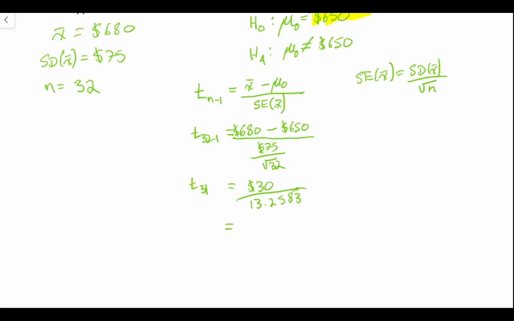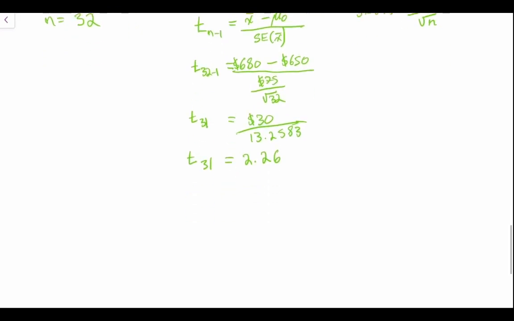So 30 divided by 13.2583 gives us 2.26, and we'll keep it at 2 decimal points. So t at 31 degrees of freedom is equal to that value.